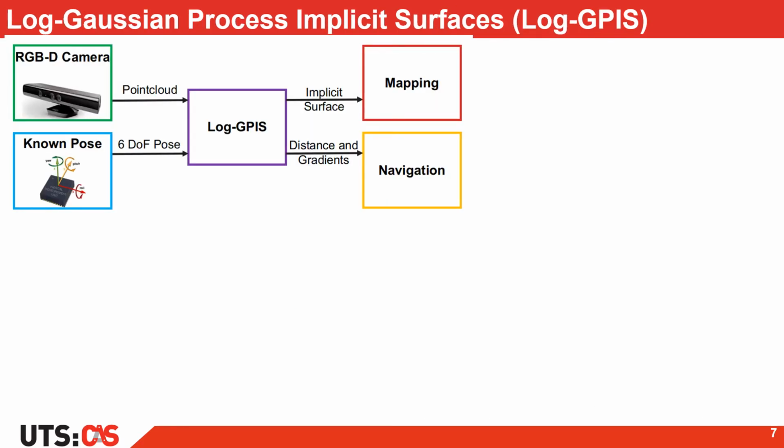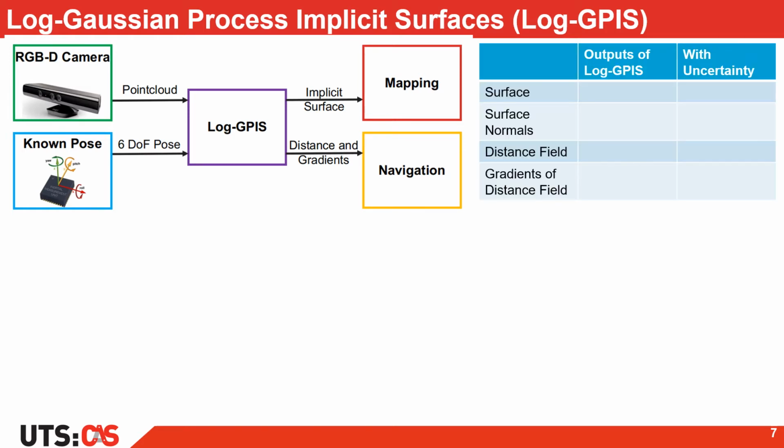Before digging into more details, I will give an overall impression of Log-GPIS. With point clouds and poses as inputs for our framework, the outputs of Log-GPIS provide surface normals, distance, and gradients of distance. Besides, all the outputs also have uncertainty information to show if the data is reliable.